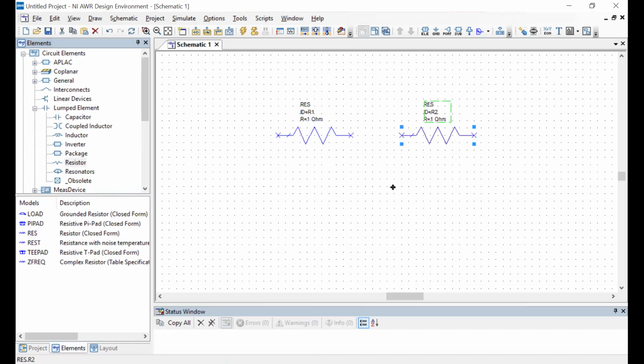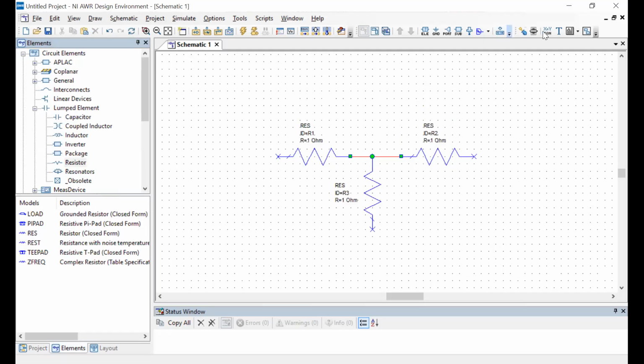And I'm going to make a T network out of this. And not only that, I'm going to make it symmetric as well.